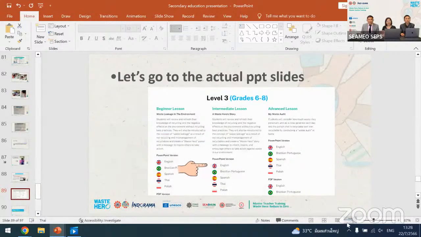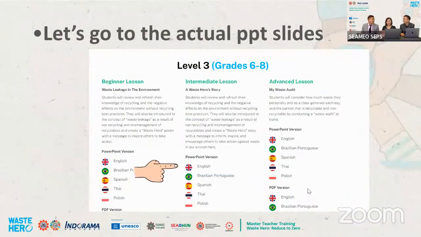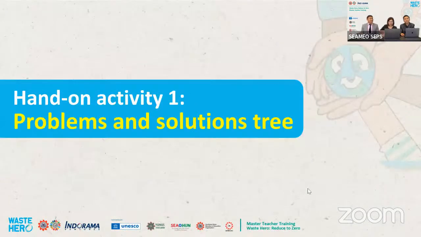Now I think that's the end of my presentation. So let's go on to the hands-on activity. You need another mobile phone, or if you are on your laptop or desktop, you can use your mobile phone to scan the QR code. We are going to do a hands-on activity, which I adapted from the level 6 lesson workshops.